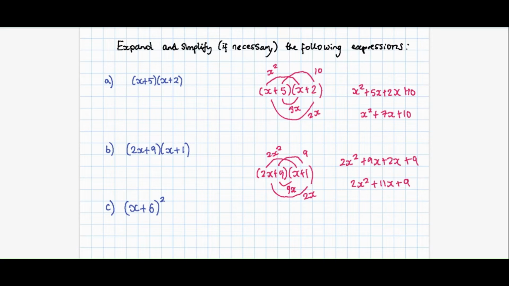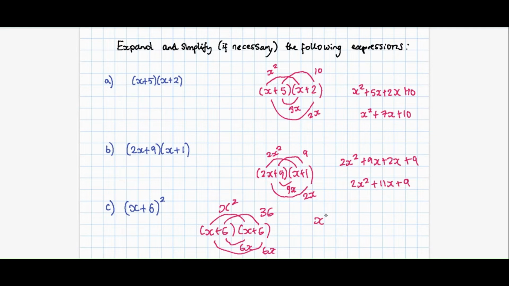Right, and the next one now, instead of having 2 brackets, it's got a squared sign. So basically this means that it's just going to be x plus 6 and then times by x plus 6 again. So you can just draw it out in 2 brackets. Now what you're going to do is the same method. So you've got x squared, and then you've got 36 when you times 6 by 6. 6 times x is going to be 6x, and then 6 times x is going to be 6x again.